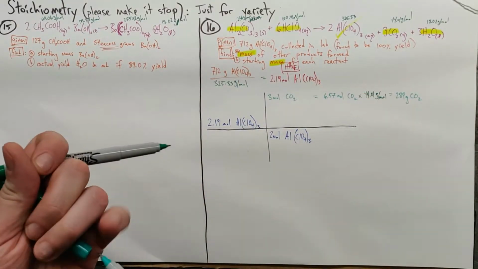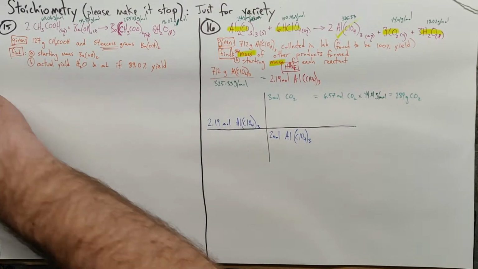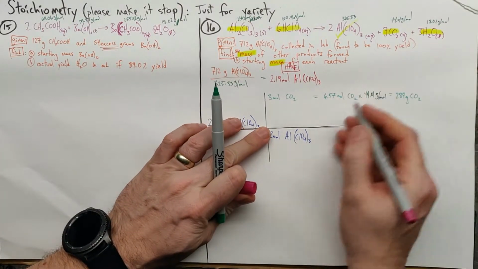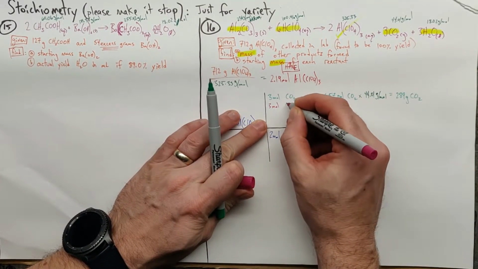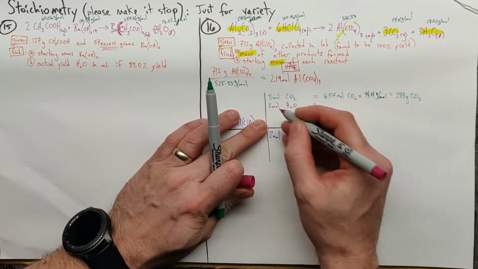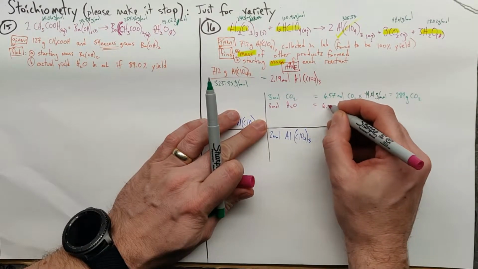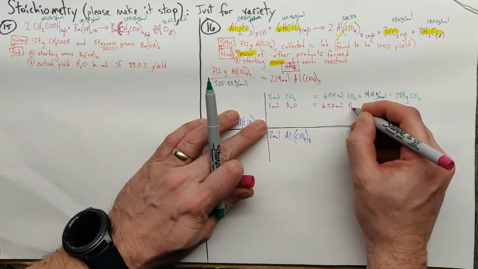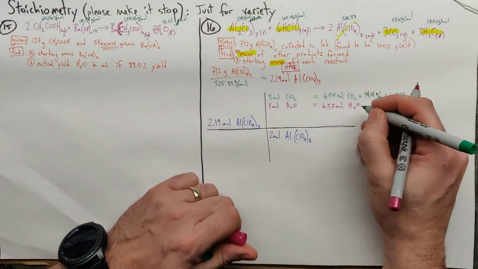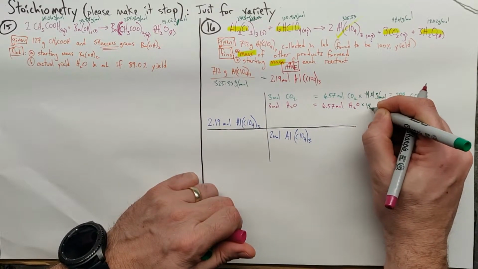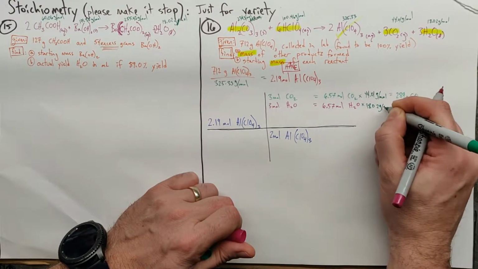And now we need the mass of the other product, and that is H2O. There are 3 moles of H2O. It's convenient that this is the same number, 6.57 moles of water. But instead of multiplying by 44, we're going to multiply by the molar mass of water, which is 18.02 grams per mole.